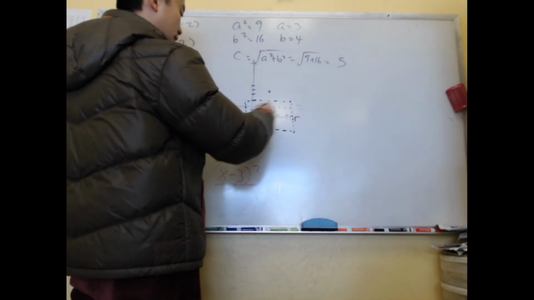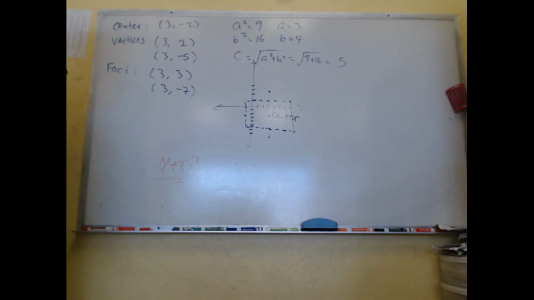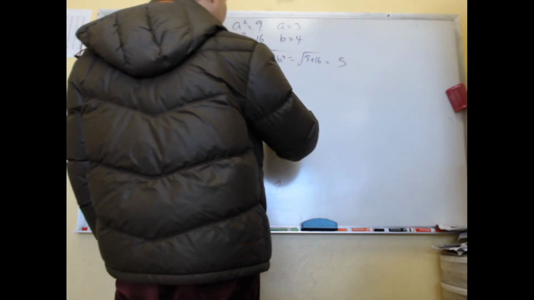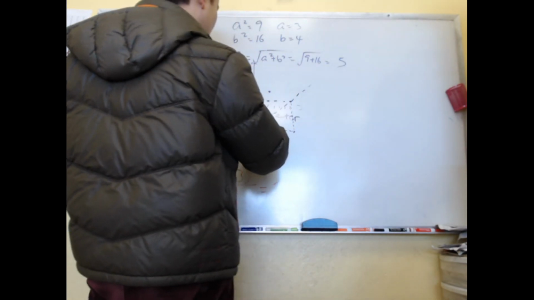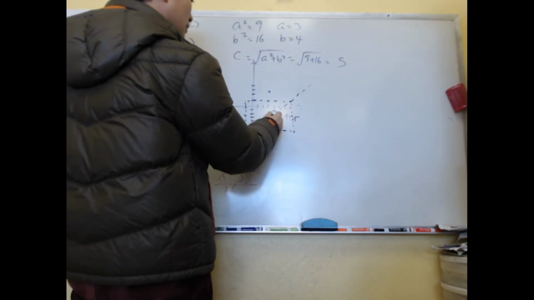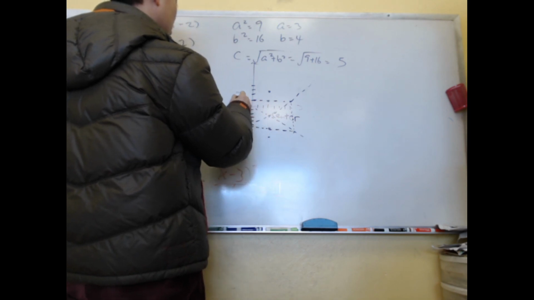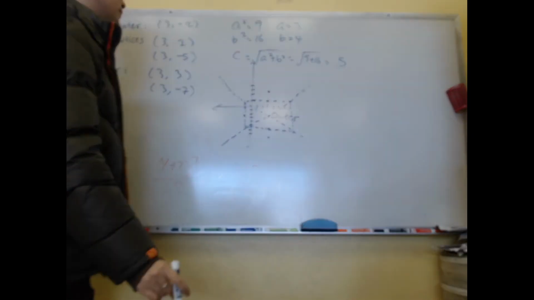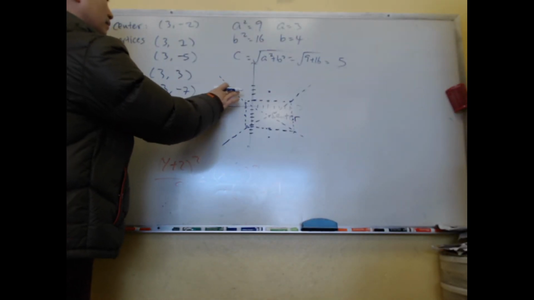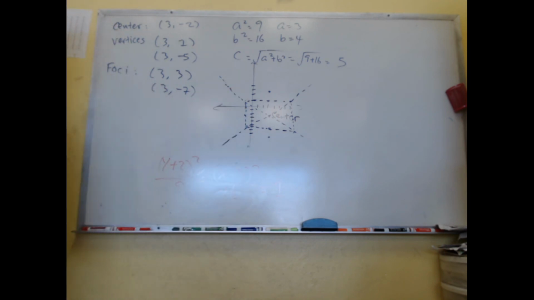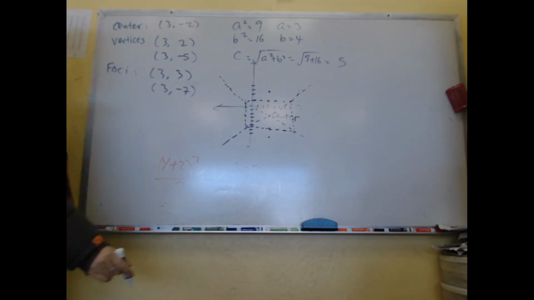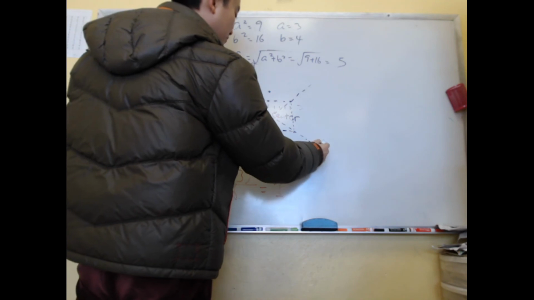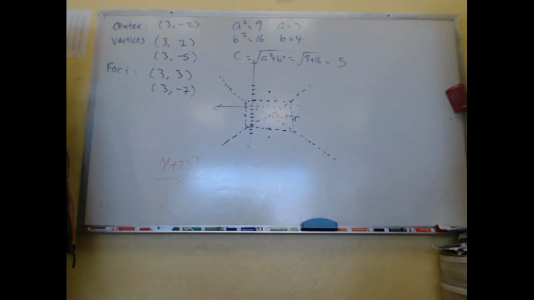Again, the corners, you want to connect them because those are the asymptotes. One's going this way, and the other one is going in the opposite direction. So now, from the vertices, what can I do? Just make the parabola-like curves.